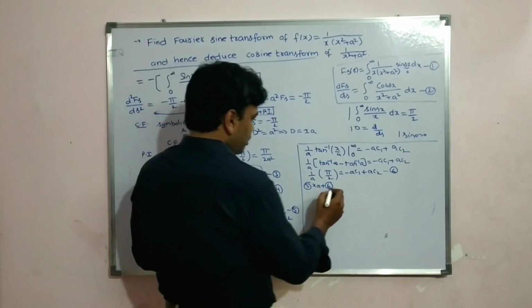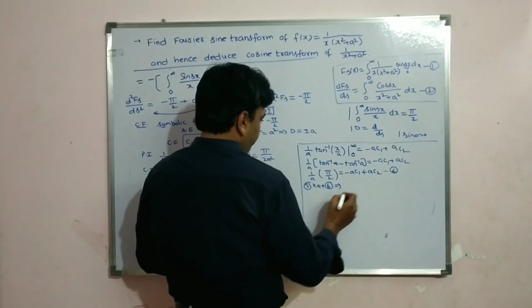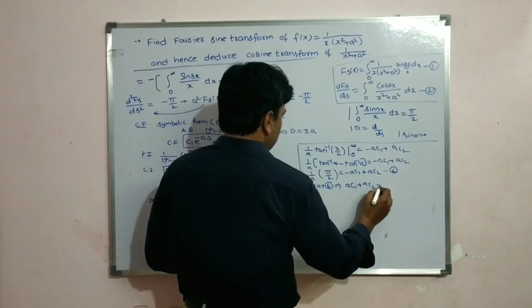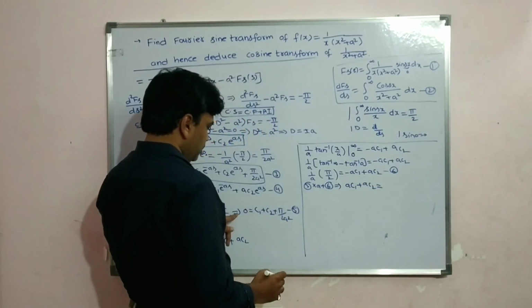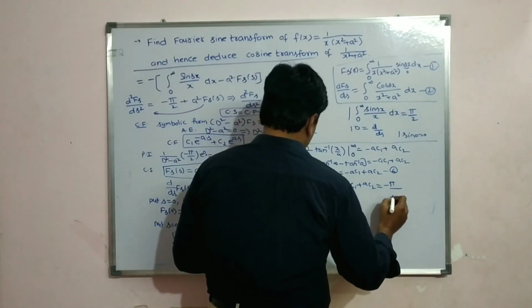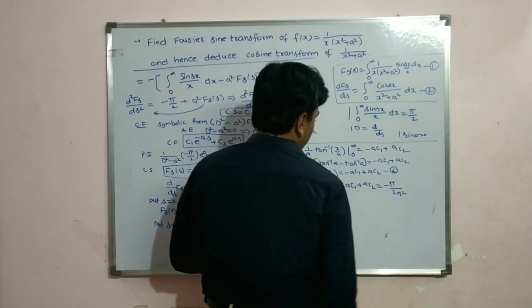So we get a common element, that implies ac1 + ac2 equals, transposing the right hand side, minus π/2a².